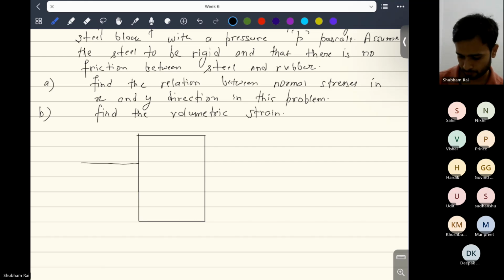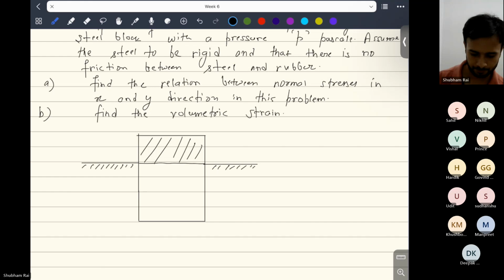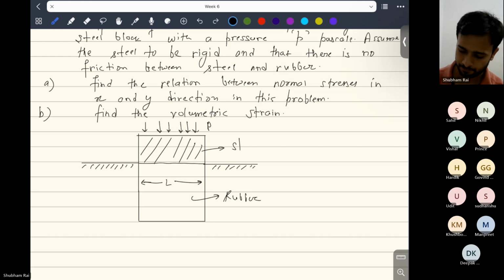This is the pressure that has been applied on the steel block, and this pressure is P. This is uniform across this length L. This is rubber, and this is C. And your coordinate system is like this.